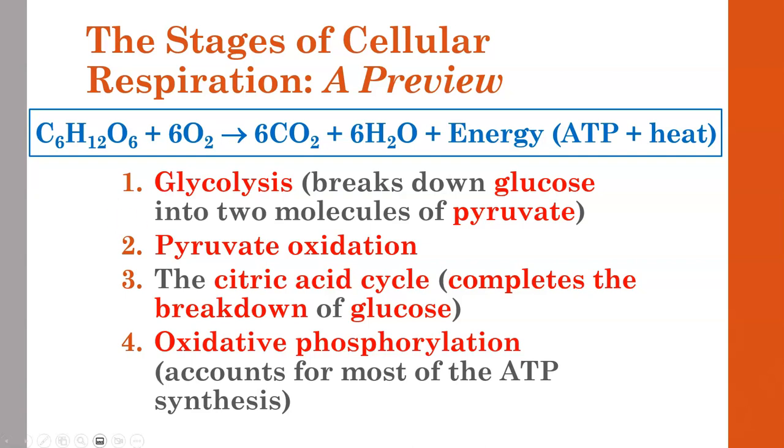We have glucose, C6H12O6, and oxygen as reactants, and the products are carbon dioxide, water, and energy in the form of ATP and heat. The whole purpose of cellular respiration is to get that energy specifically in the form of ATP.